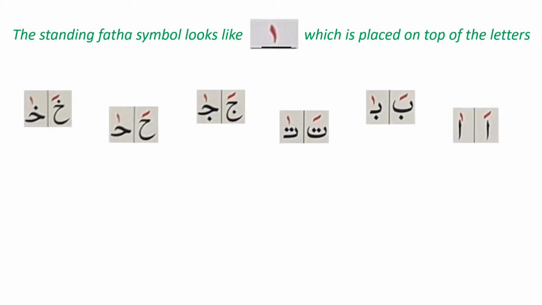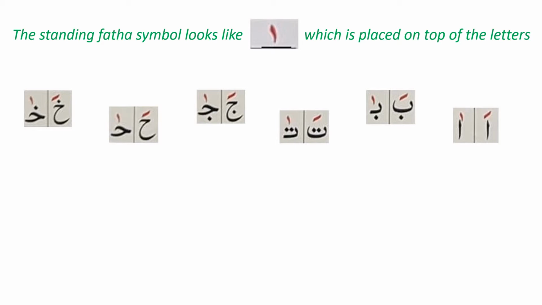To make it a lot easier for you to understand, we have given you the normal fatha and the standing fatha to give you a clear understanding between the two. We have the first example, alif fatha a. We know how that looks, but the standing fatha looks like the one next to it. So we'll say alif standing fatha a.